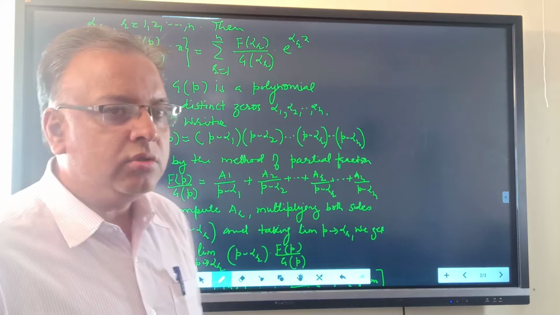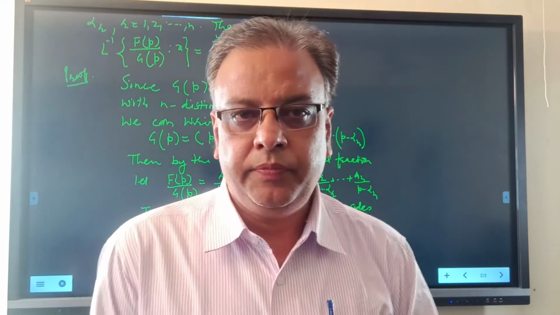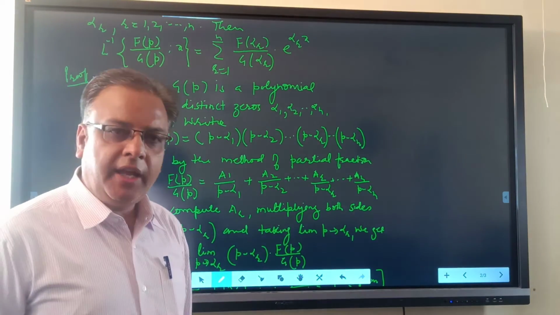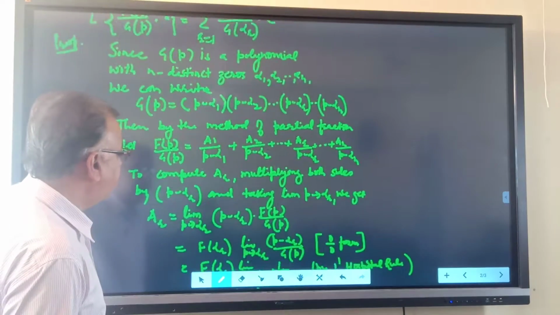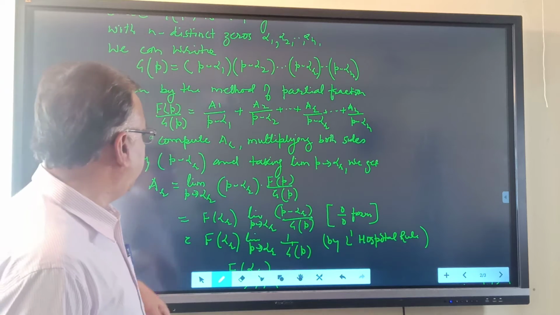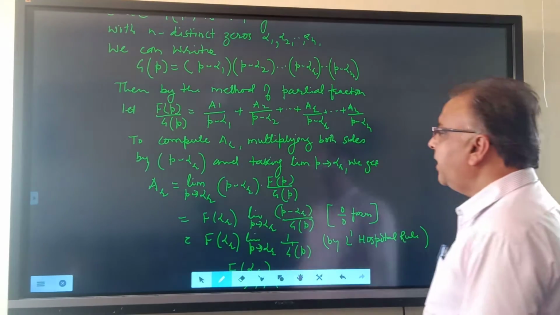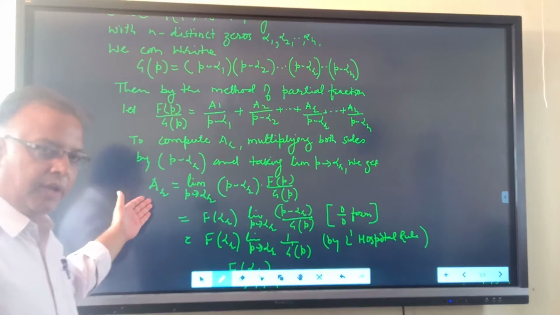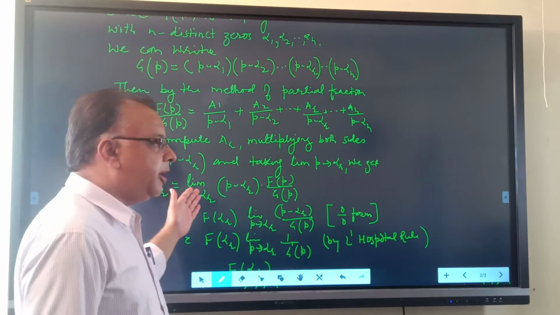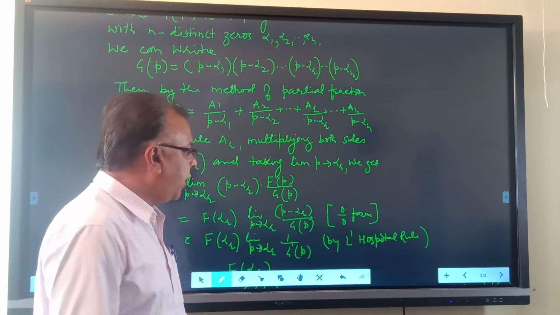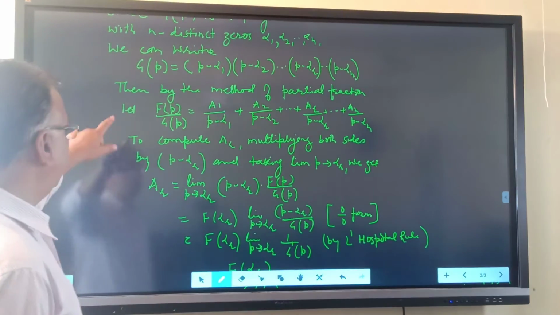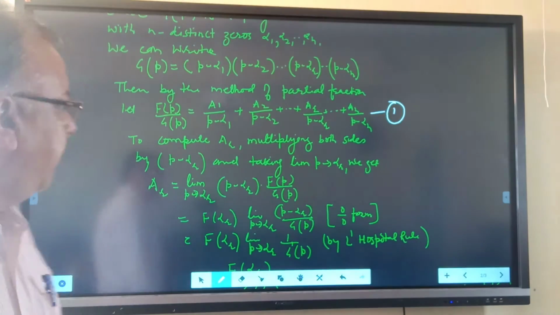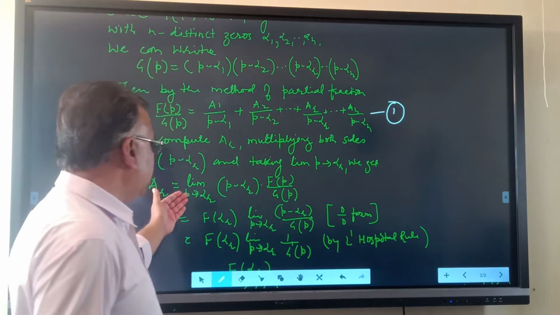Now, in order to find the values of the constants a1, a2, ar and an, we take this as equation 1 and multiply it by p minus alpha r and take the limit as p tends to alpha r.